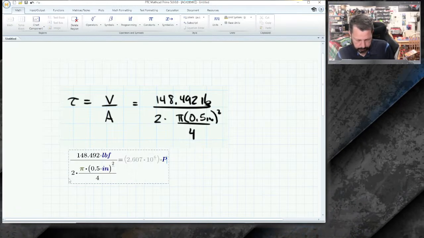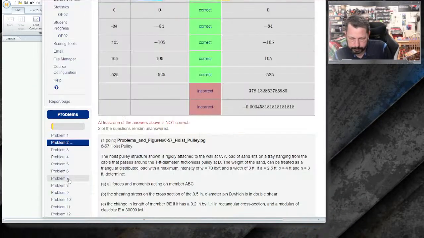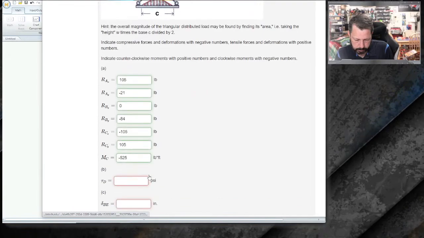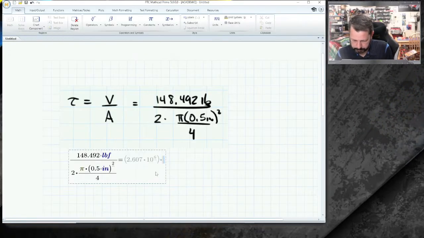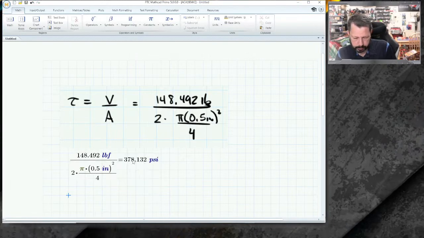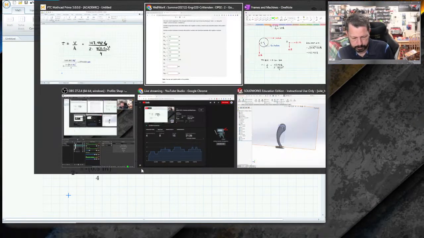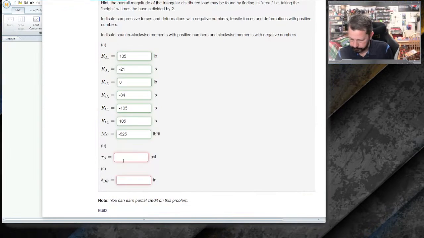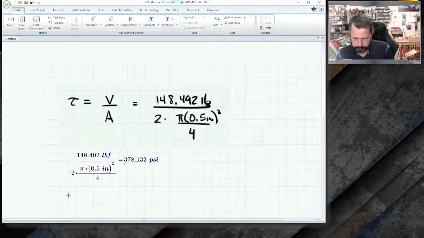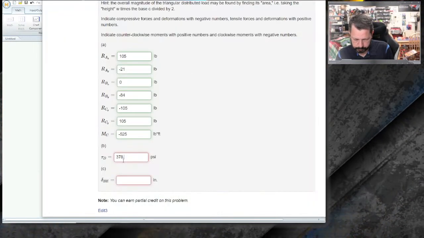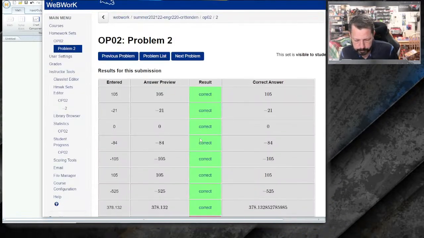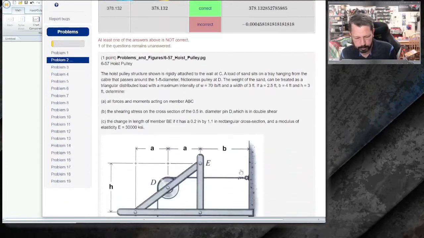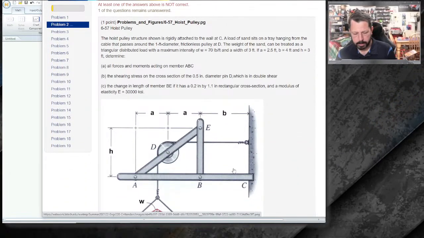I don't know what units it wants. Let's see. It wants PSI. So let's turn that into PSI. 378.132. Let's see if it likes that. Yes, it liked that.